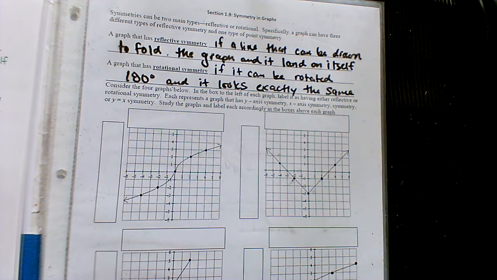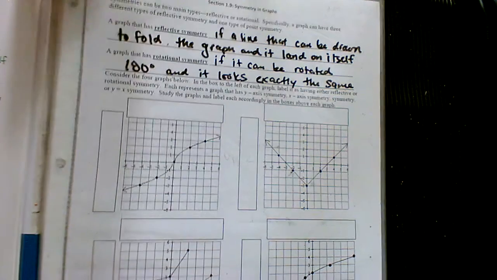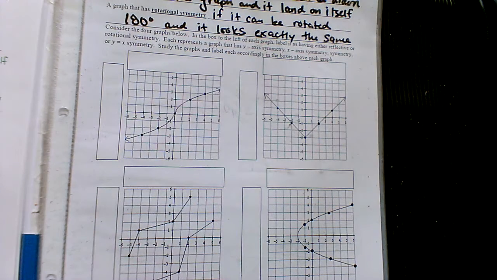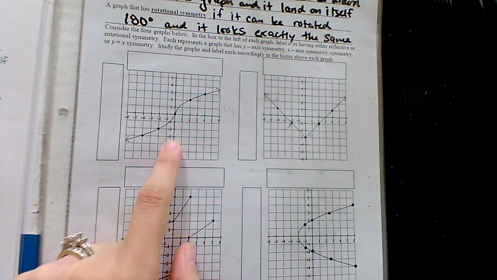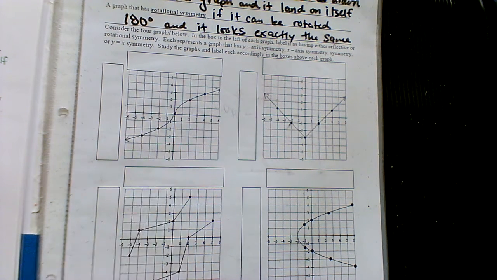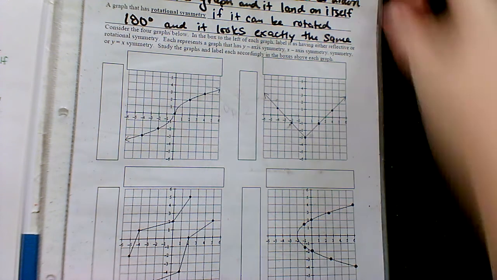So we're going to go ahead and try to classify these four graphs on that page as either reflective or rotational, and then we'll get a little bit more specific with those particular symmetries. If you take a look at the first one, this one can be kind of tricky. If you have it available on your paper, you can take it out of your binder.